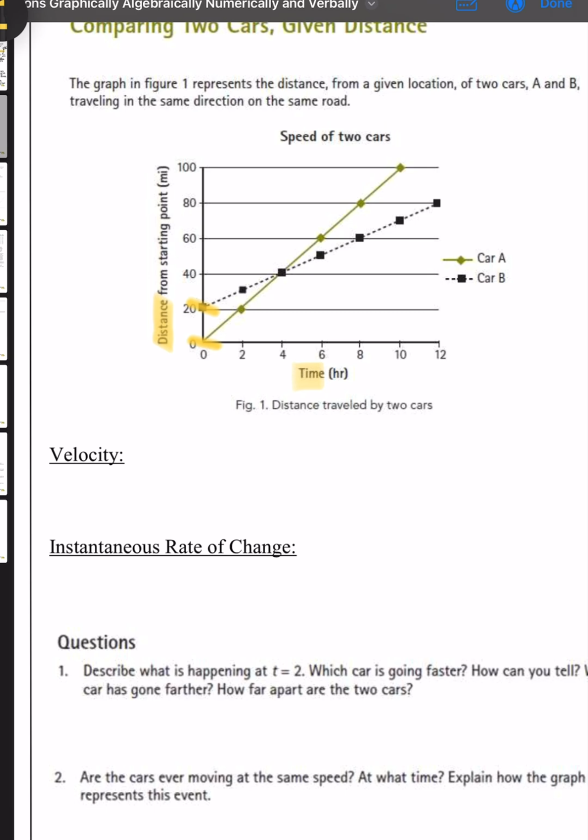All right, so before we continue and answer any questions, I want to go over a couple of concepts with you. And the first one being velocity. So velocity is what I like to call the rate of change of displacement.